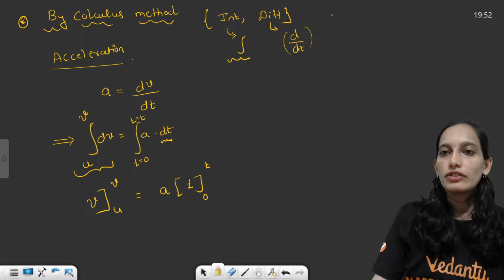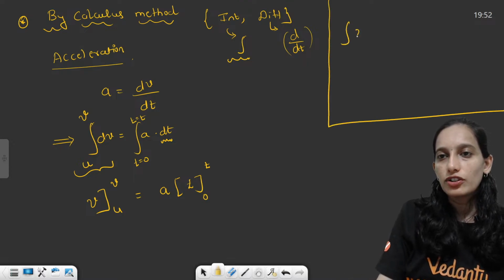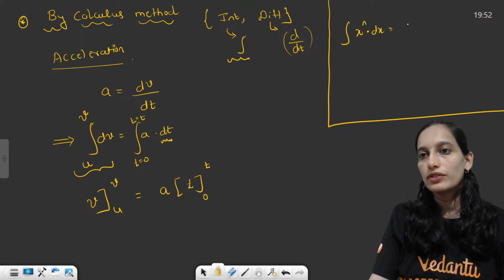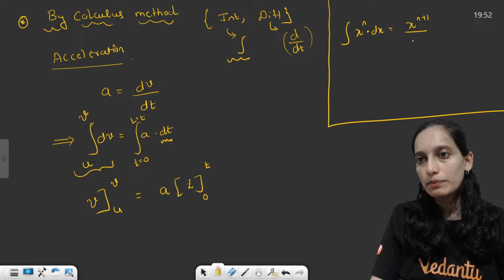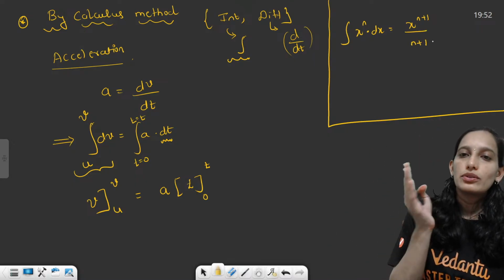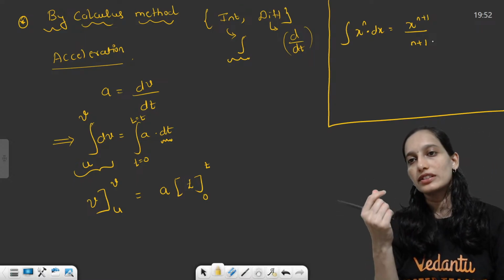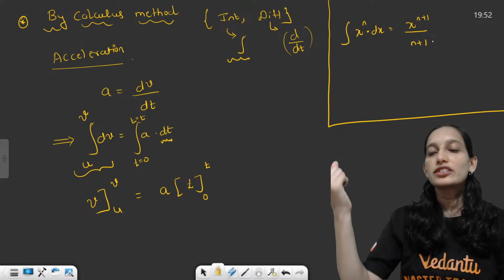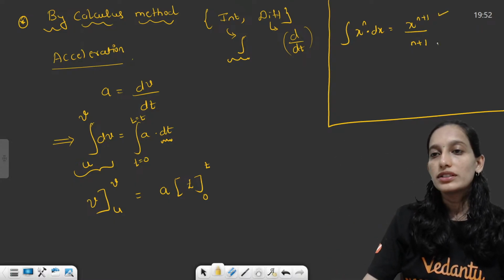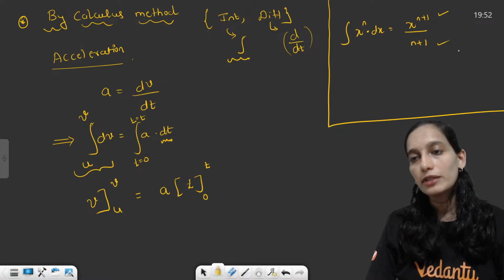Okay, here I will give one integration formula, remember it. Integration of x raised to n dx is going to give you x raised to n plus 1 by n plus 1. So this is exactly opposite of your differentiation. Differentiation of x raised to n is n into x raised to n minus 1, whereas here it is x raised to n plus 1 divided by n plus 1.